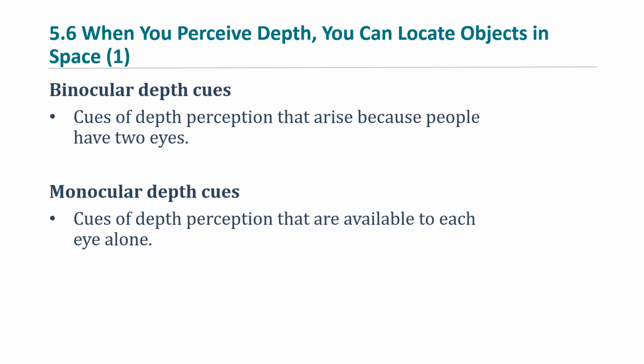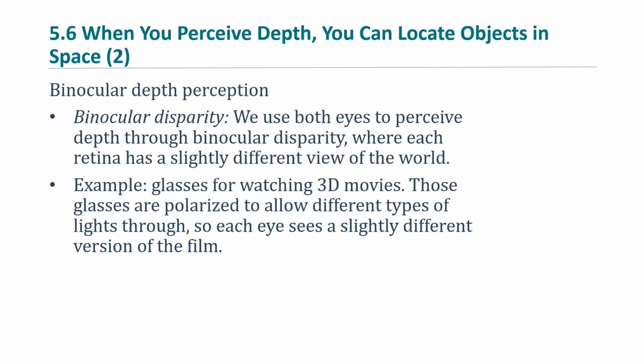Let's look at one binocular depth cue in a little bit more detail here. It's known as binocular disparity. We use both eyes to perceive depth through binocular disparity, where each retina has a slightly different view of the world. So if you hold a pencil or a pen up, maybe a foot away from your face, and look at it, close one eye and look at it, and then close your other eye and look at it.